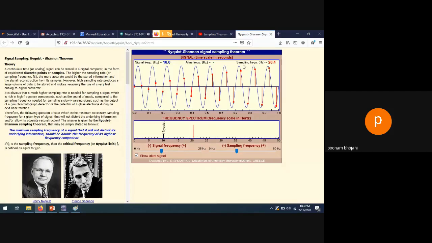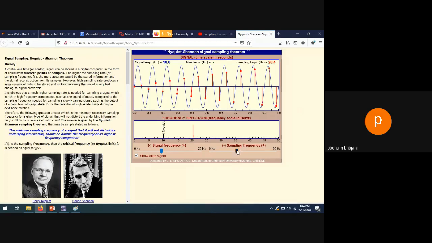Now how much sampling frequency should there be so that you can reconstruct your original signal? At least twice, so it should be greater than or equal to 20. Now it is 20. You can follow these samples and get the same shape of the sine wave. If you connect all these points, you will get the shape of a sine wave. It means proper reconstruction can be done at the receiver side.